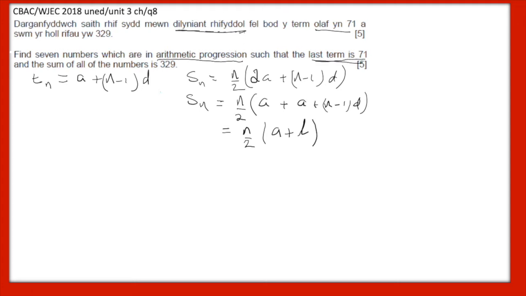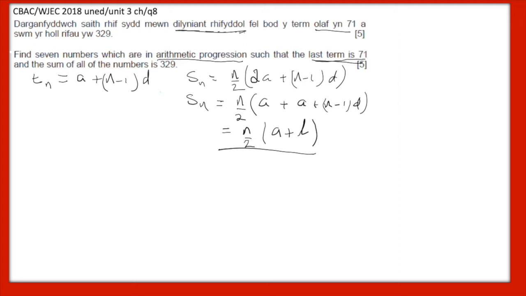So these questions typically involve you forming a pair of simultaneous equations, but if you know this Gaussian approach to it, and if you want to do a little bit of research, look at Carl Friedrich Gauss. Very, very clever man, and in fact all this mathematics is Gaussian mathematics.